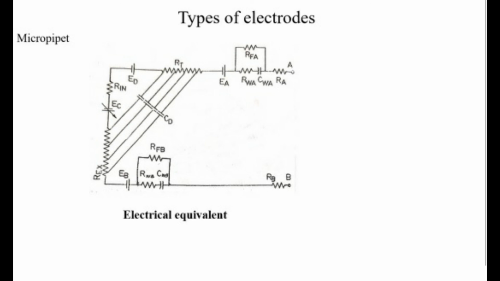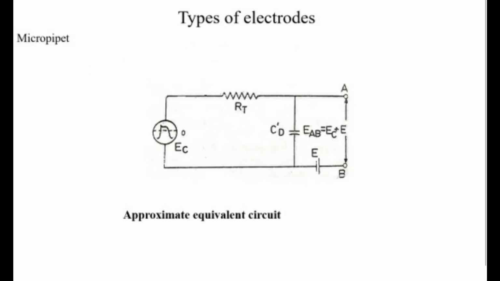This equivalent circuit can be further approximated as shown in the second figure, where CD dash is the equivalent of distributed capacitances. When the micropipette is coupled with the amplifier terminals A and B, then the membrane potential EC is coupled with it via a high series resistance RT and a moderate shunt capacitance CD along with electrode potentials.